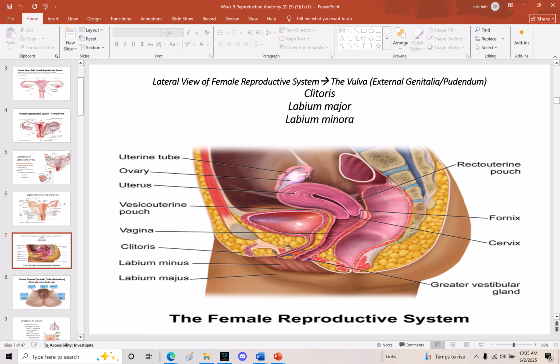And this uterus, as the baby grows, grows out like this, laying right there against the bladder, and presses that bladder against the pubic symphysis and the pubic bone.